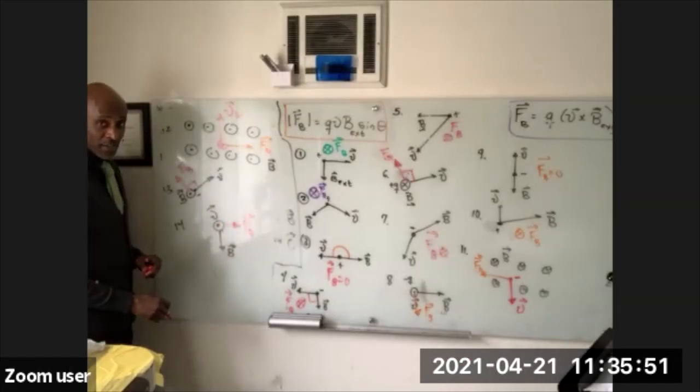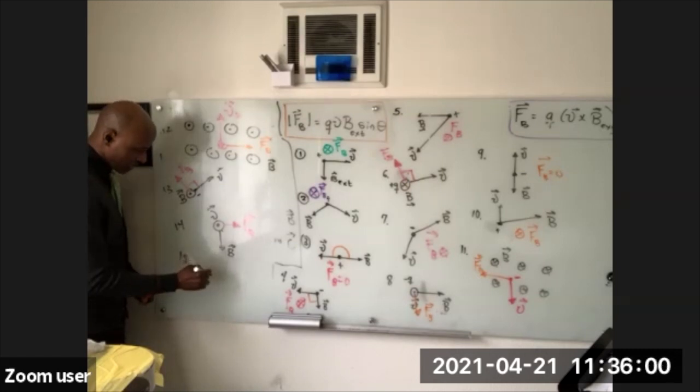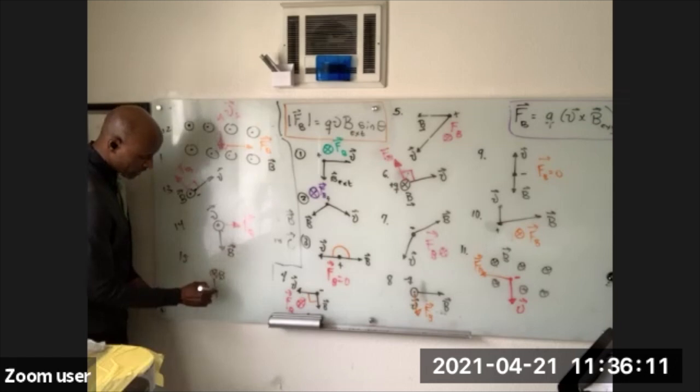Does that make sense? You want to do another one, David? Let me make another real quick for you. Let's make B into the board, and let's make V straight down.